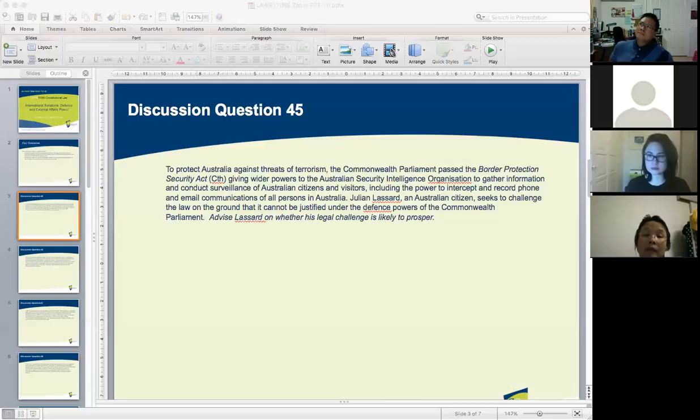If the above law was made during wartime, it could be considered permissible under the secondary aspect, as it could be seen to regulate social conditions in connection with defence. However, given that Australia is currently in peacetime, the above law would be invalid under the defence power, concluding that Lasard's challenge would be unlikely to prosper.